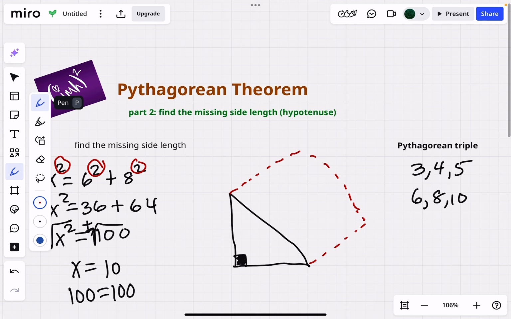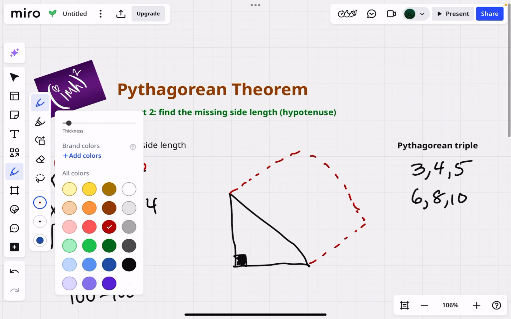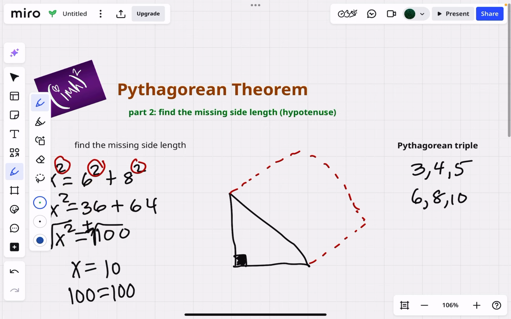So let's actually look at squares, because we've only been looking at triangles even though we're working with squares, right? Okay. So just imagine that attached to these side lengths here, right? Just attached to them, that we have squares.